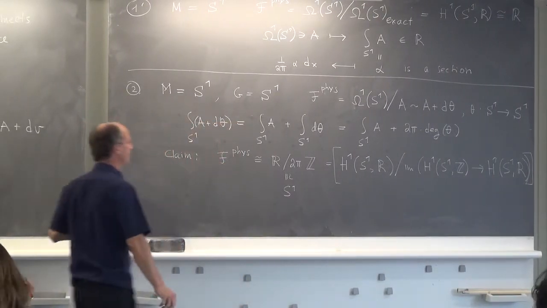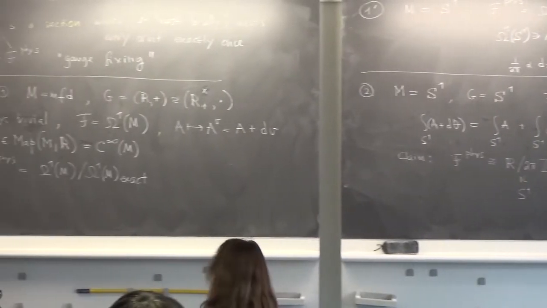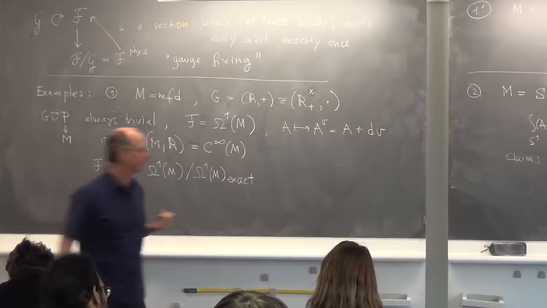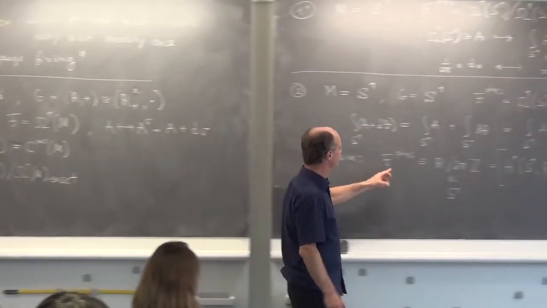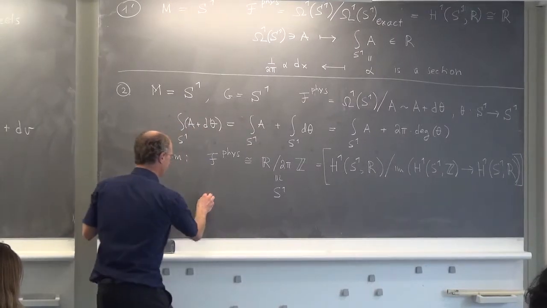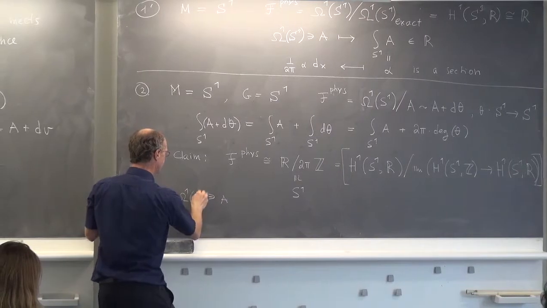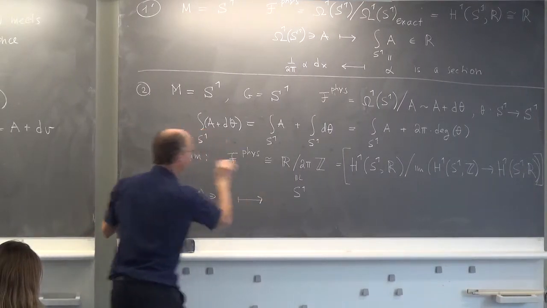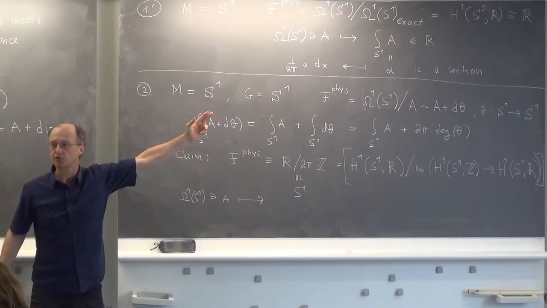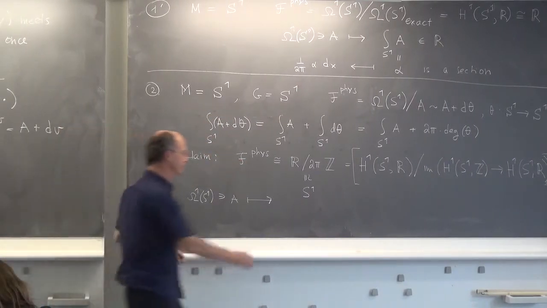So perhaps one more remark about it. So we can still define the projection map. So A in omega 1 of S1. But now, of course, the integral wouldn't do. We need to get rid of this 2 pi Z ambiguity.